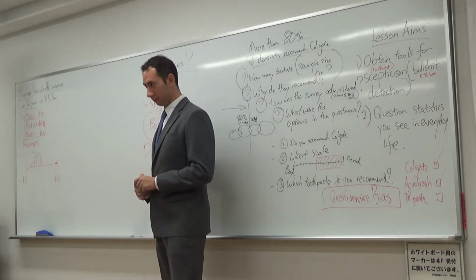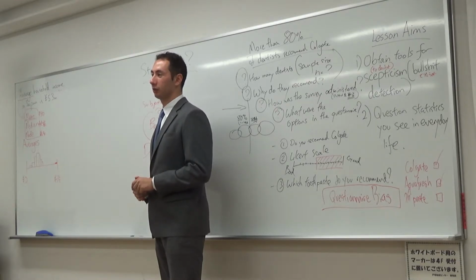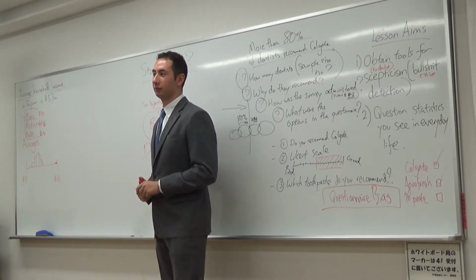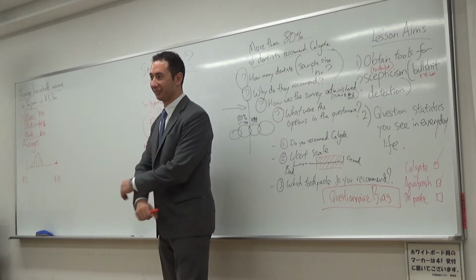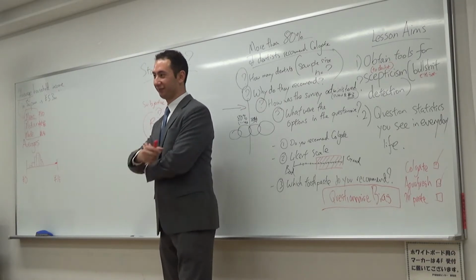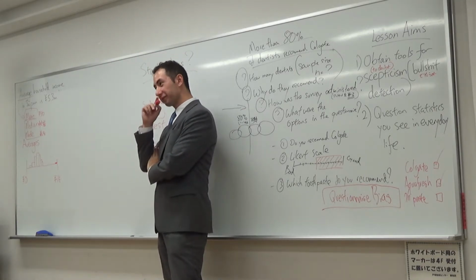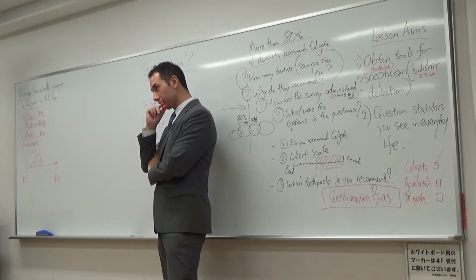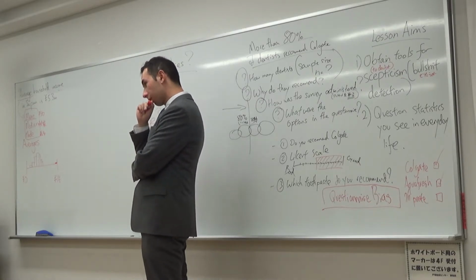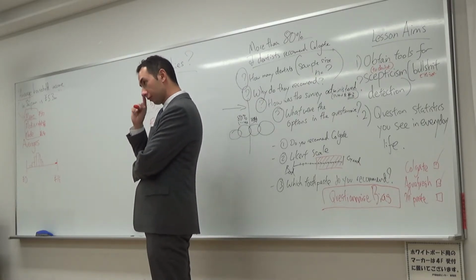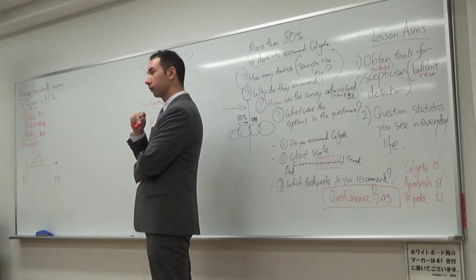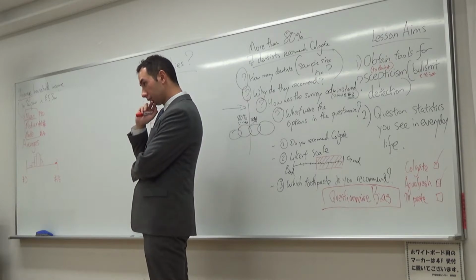There's rich people, and there are average people. And mean means all together, divided by the number of people. So that's not the real average.